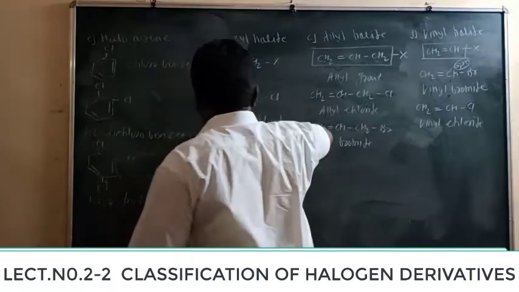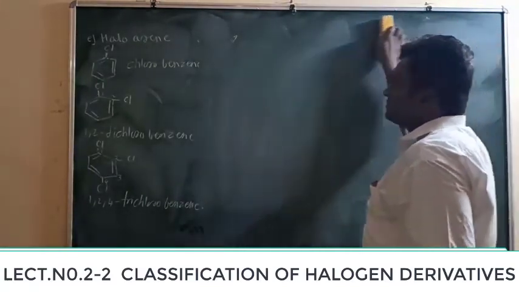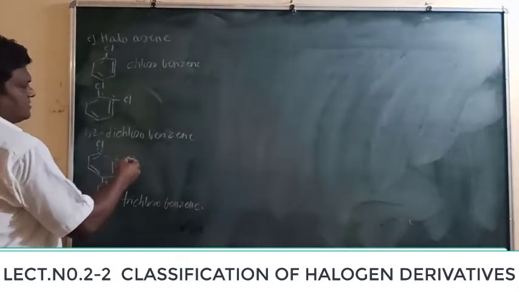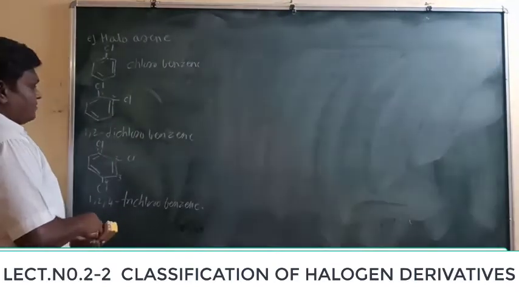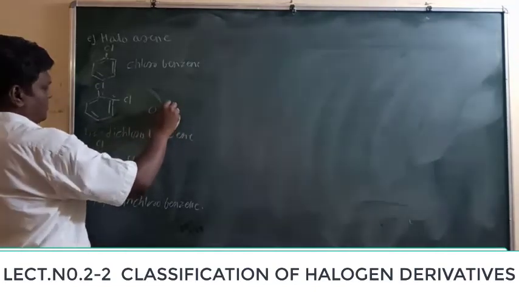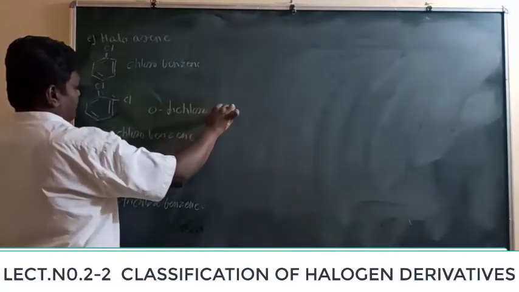Just write one more example. Now what will be the common name for this? If you want a common name for this, it is ortho-dichlorobenzene.